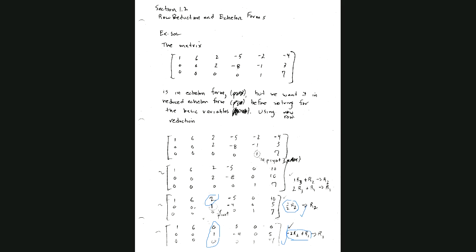Oh, quick question. In order to be in reduced echelon form, Siad asks, we just need to look for 1 and make the others 0 in the column. Well, yeah, that is critical. That is absolutely critical.